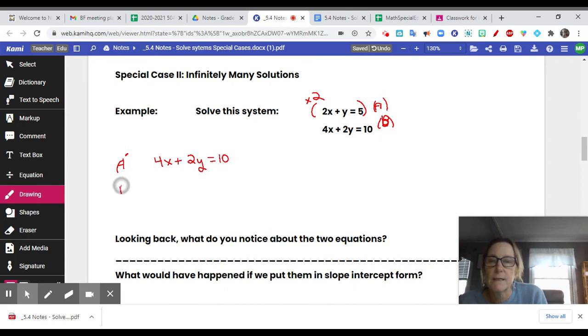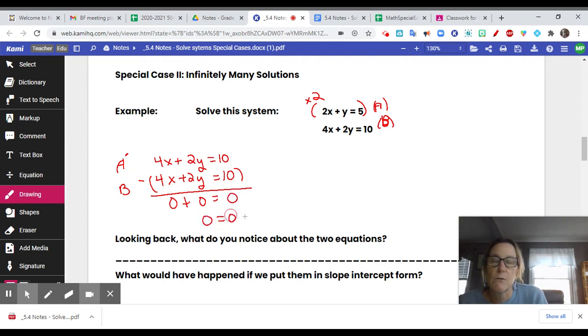And B stays the same, 4x plus 2y equals 10. And right then I'm like, uh-oh. When I go to eliminate, I'm going to use subtraction. X's cancel, y's cancel, 10's cancel. I get 0 equals 0, which is true.